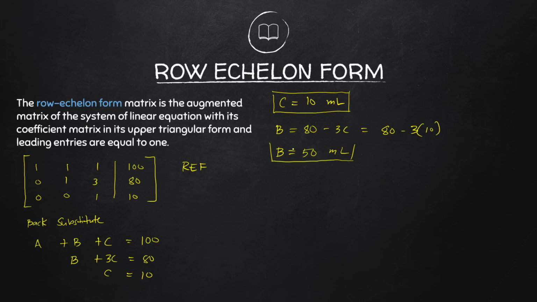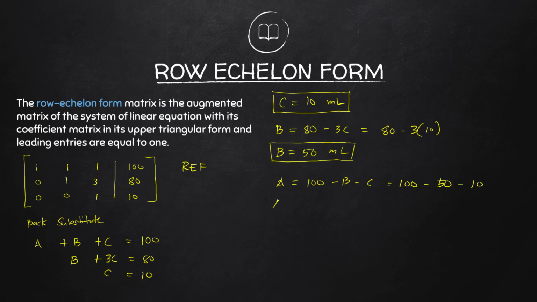And then further doing your back substitution, we can arrive with the value of A using the first equation. That would be A equal to 100, transpose B and C to the other side. That would be negative B and negative C. We have here 100 minus B, being 50, and minus C, which is 10.